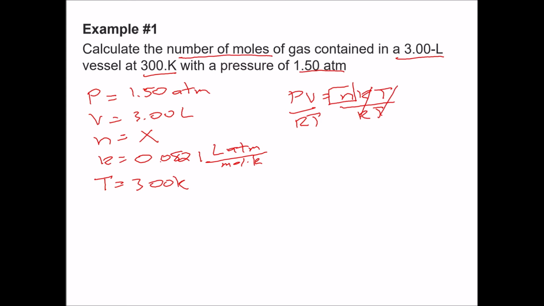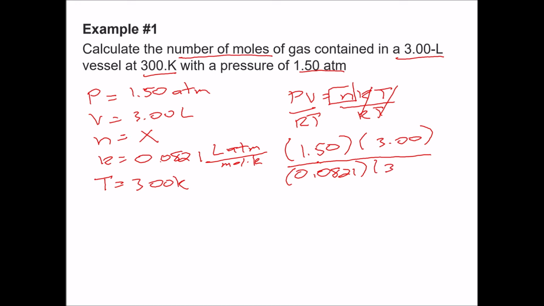Okay, so there's my expression. P times V divided by R times T will equal n. So I'm going to plug in my variables. My pressure is 1.5, my volume is 3 liters, divided by R, 0.0821, divided by the temperature, which is 300.